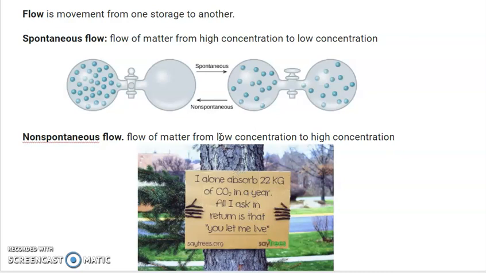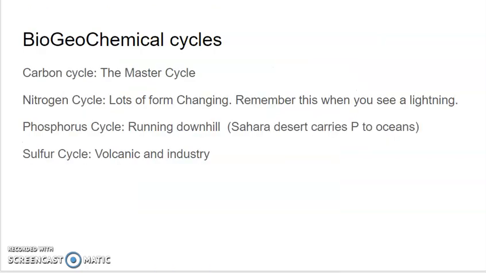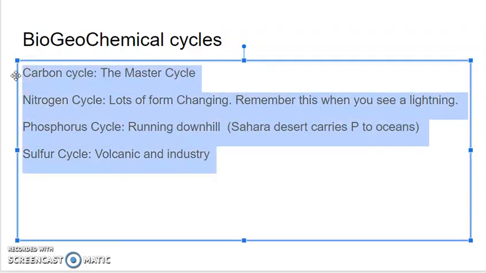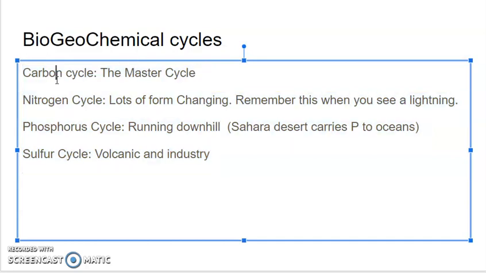So that goes from low concentration to high concentration. We have 4 main cycles: carbon, nitrogen, phosphorus, and sulfur. I want to explain these in a different video, because ecosystem and function is a very big topic. So the carbon cycle is the master cycle.